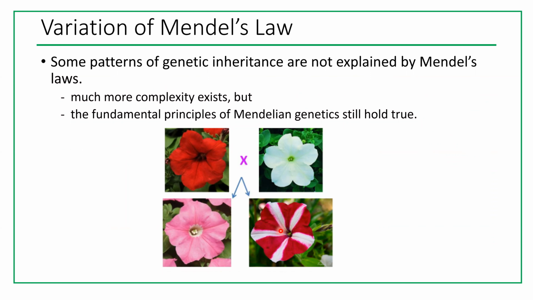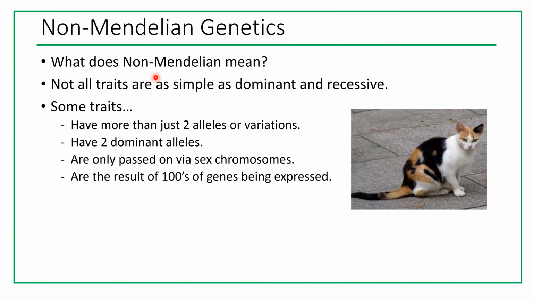Or you might have a flower that has both red and white color. How can this be explained by Mendel's law? So this example shows us a variation of Mendel's law. Now, what does non-Mendelian mean?